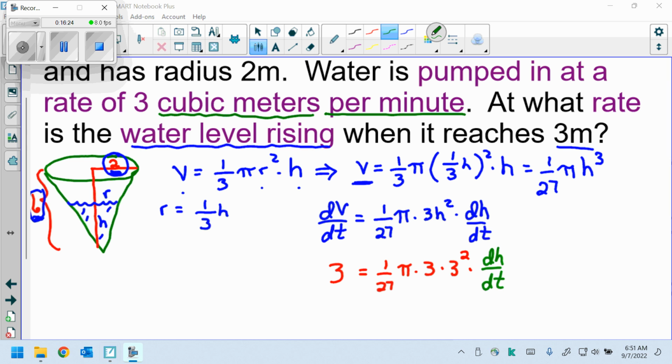Well, I'm thinking that it turns out dh/dt is around 0.955, correct to 3 decimal places. And height is measured in meters, and time is measured in seconds.